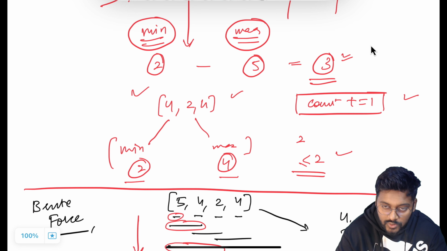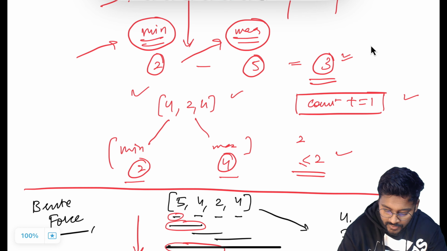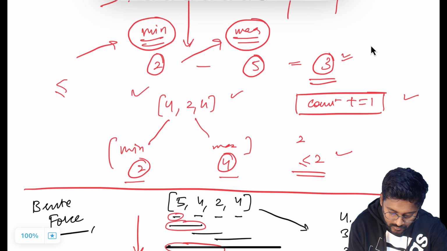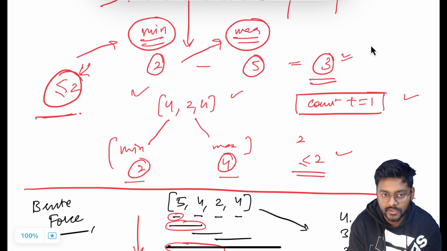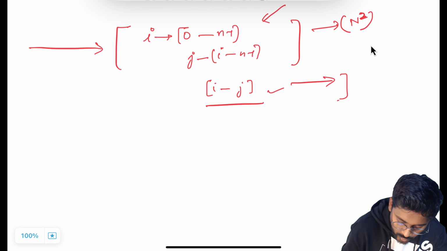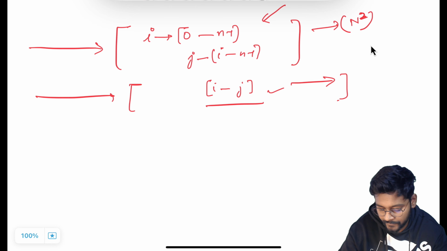So I will just pick the minimum element and the maximum element. If the minimum and maximum elements of that subarray have a difference less than or equal to 2, it means all the pairs are going to have a valid difference. So this is my loop and this is my processing from index i to j.